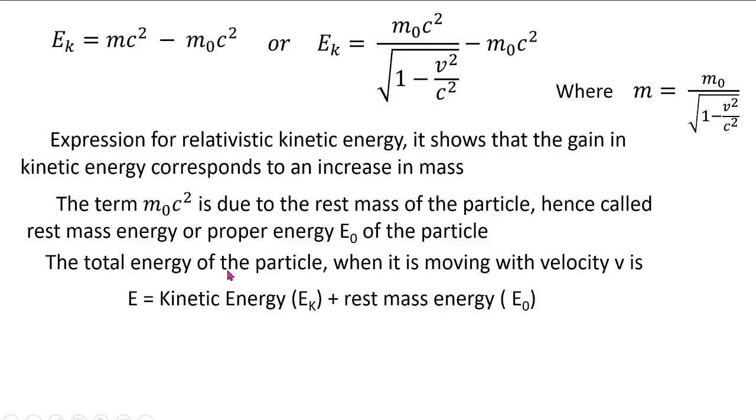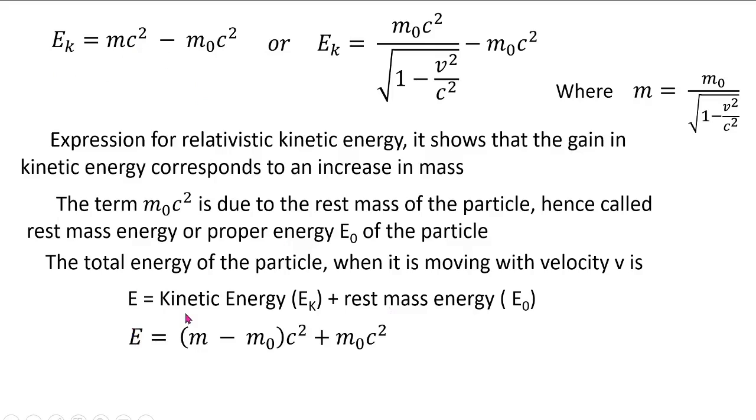The total energy of the particle when it is moving with velocity v is equal to kinetic energy plus potential energy. Here the potential energy is the rest mass energy. Therefore, total energy is equal to kinetic energy plus rest mass energy. But the kinetic energy is equal to mc square minus m0 c square, and the rest mass energy is m0 c square.